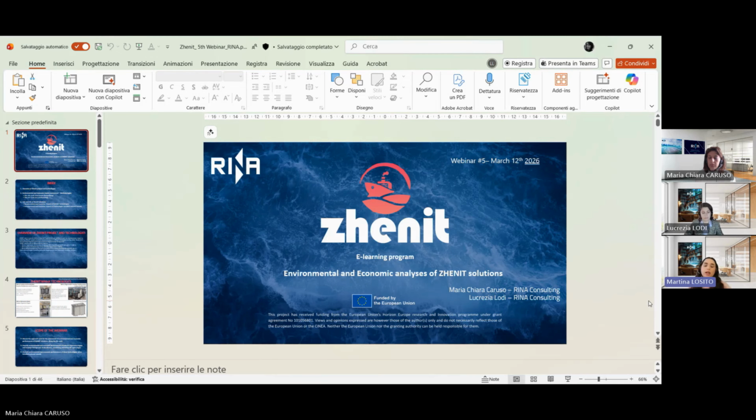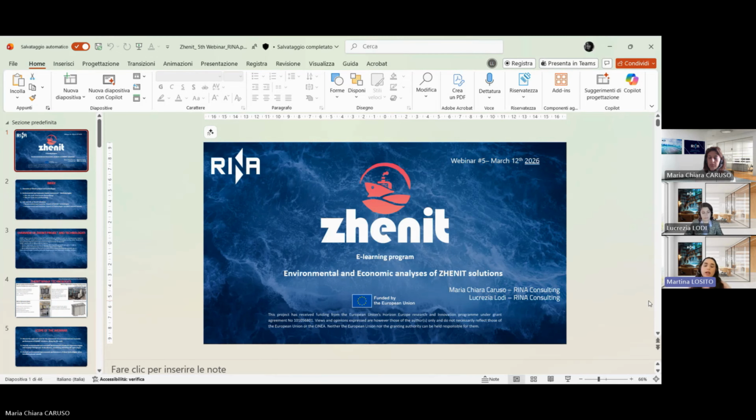We look at the product or service considering all the steps of its life cycle, and we use some methodologies, which are the life cycle assessment, the life cycle costing, and in case of social sustainability, the social life cycle assessment.